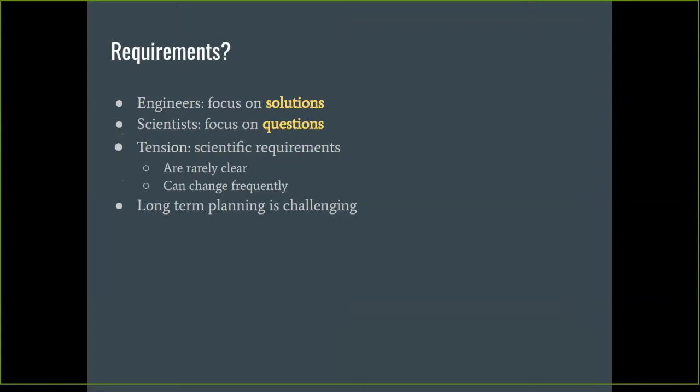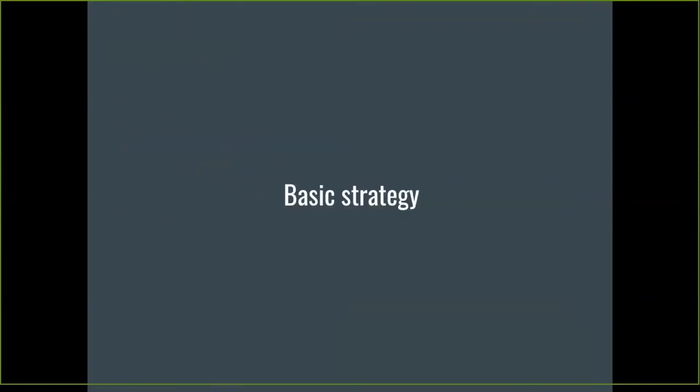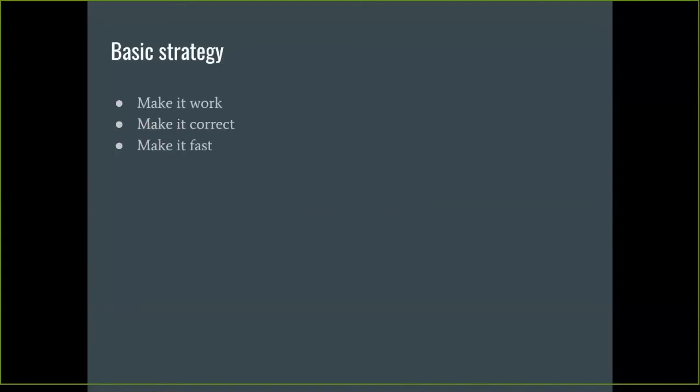Most systems will have this sort of tension, but it makes long-term planning for your system very challenging. So the basic strategy that we adopted in SourMesh is pretty much these three things: we make it work, we make it correct, and then we make it fast.